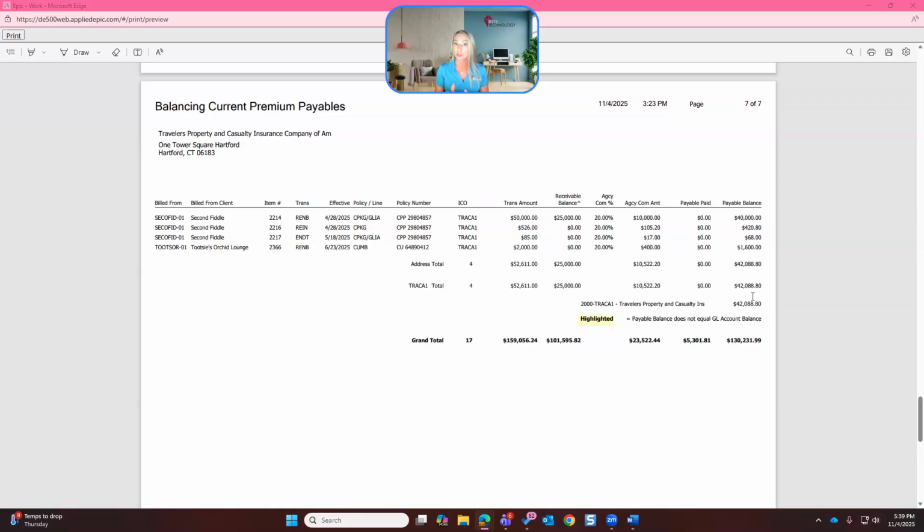match. As long as you are always reconciling your premium payables, always associate the exact amount of a disbursement or receipt to that reconciliation, you should stay in balance. Things that can throw you out of balance are those manual journal entries. You could deposit return net premium without associating that to a reconciliation.